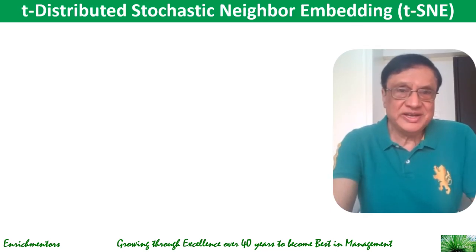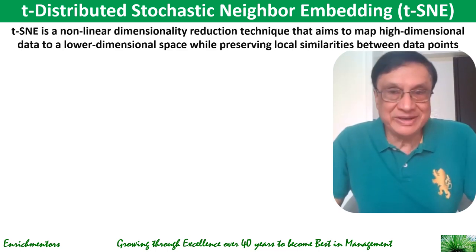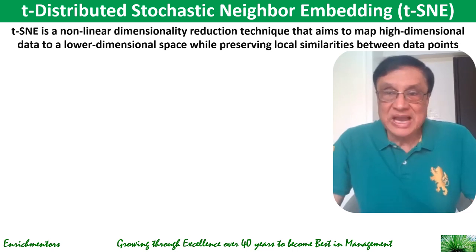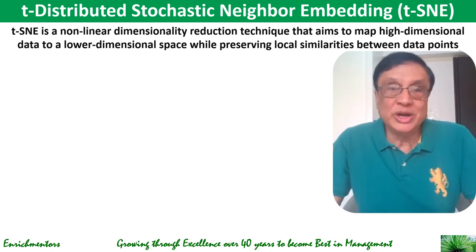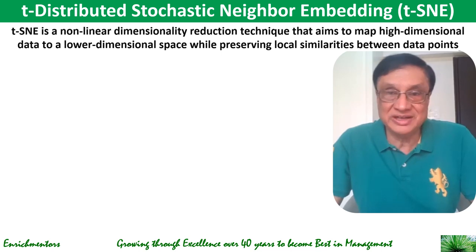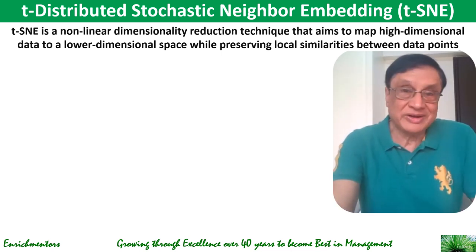Similarly, let's look at T-distributed stochastic neighbor embedding, TSNE. It's a non-linear dimensionality reduction technique, whereas PCA was a linear one. This also helps you map high dimensional data to lower dimensional space, and it preserves the local similarities between the data points. Again, it is already programmed and available for you in any of the programs.